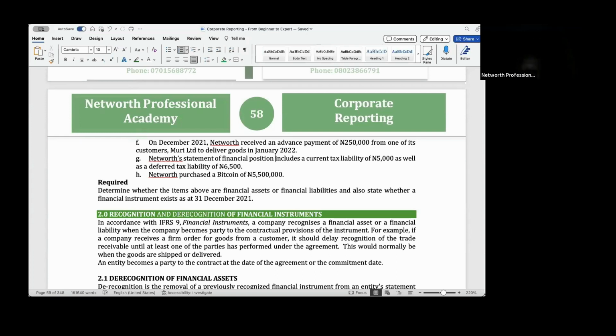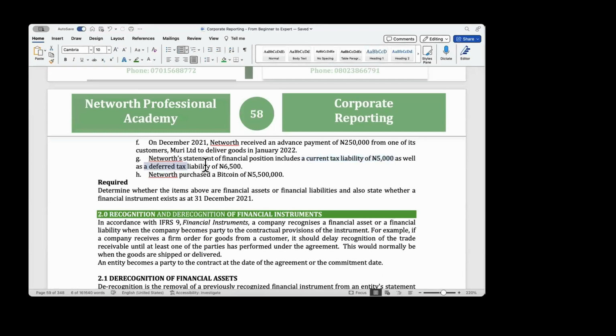You have to pay tax. So there is no contract here. And for that reason, tax liability is not a financial liability, majorly because we don't have a contract. So current tax is not a financial liability, according to IAS 12, because there is no contract with the government.